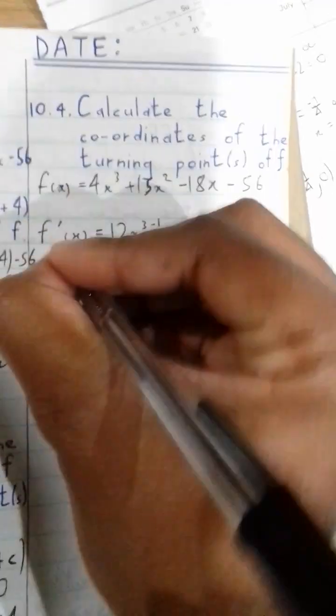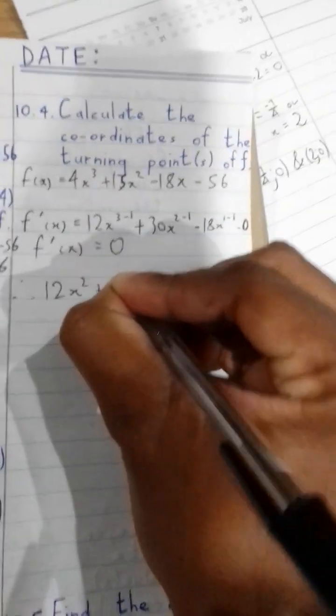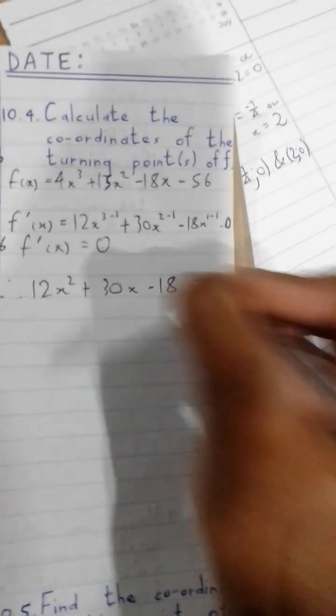Then don't forget we're going to equate this to 0. We have 12x squared plus 30x minus 18 is equal to 0.